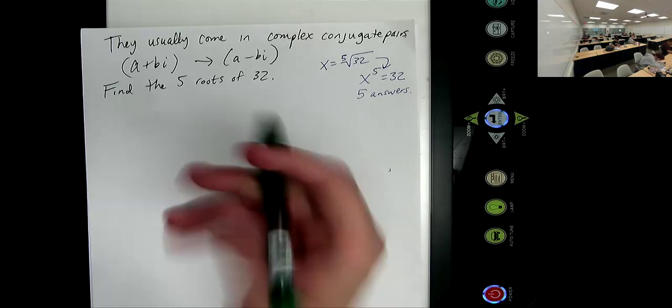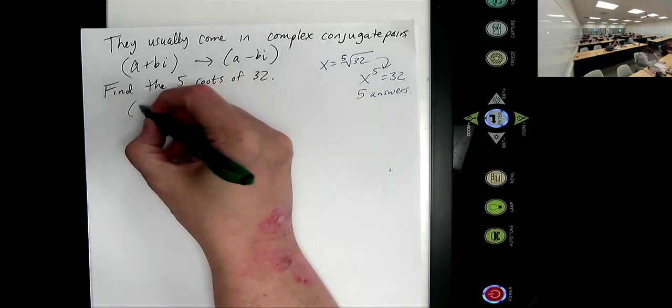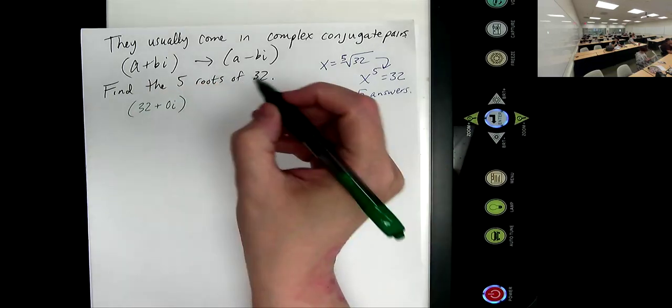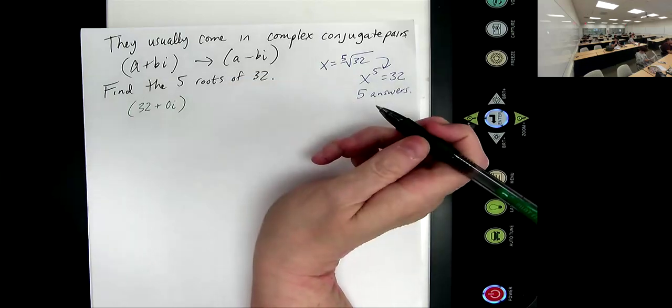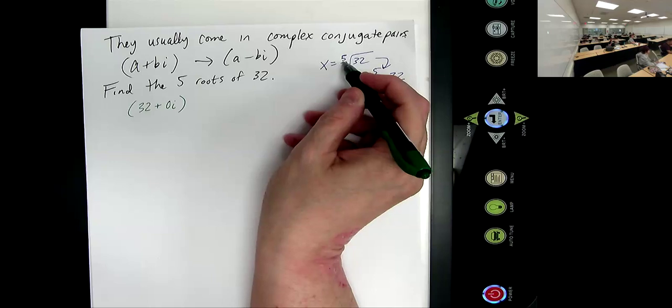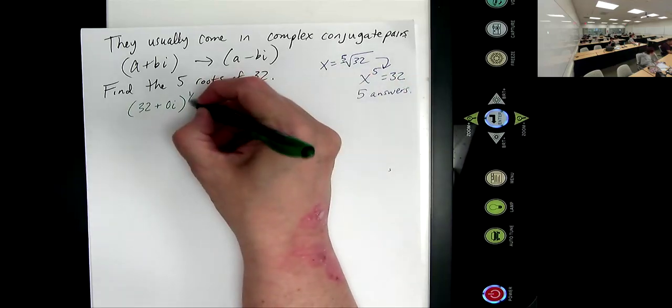So we're gonna do it like we did last time, we're gonna set it up to look like a complex number. What does 5 roots translate to as an exponent? 1/5.